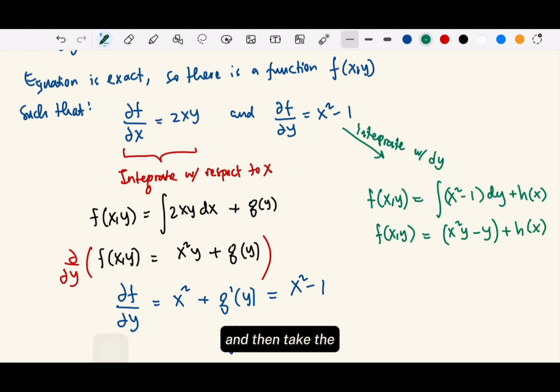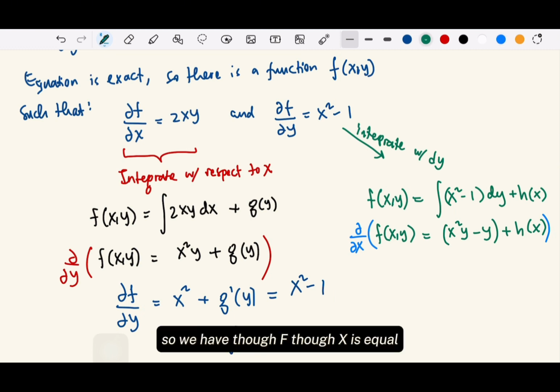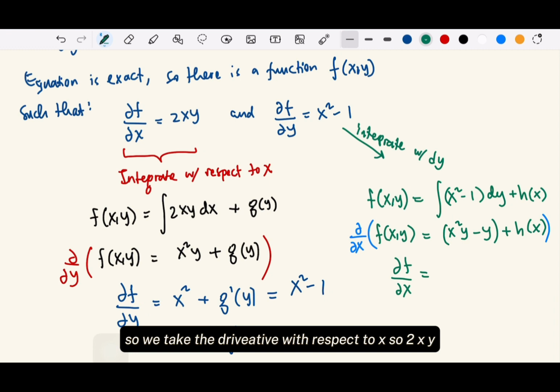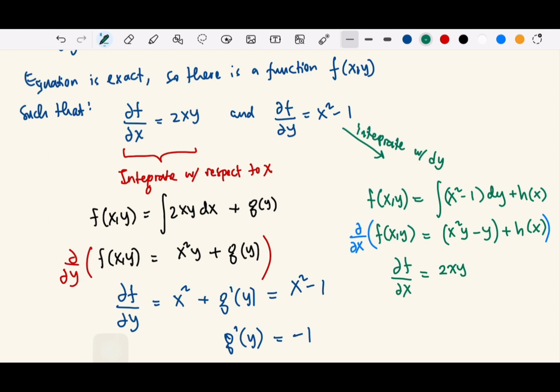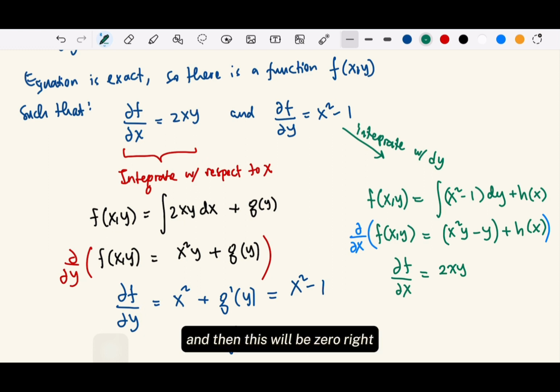And then take the partial x, okay? So we have ∂f/∂x, so we take the derivative with respect to x. So 2xy, and then this will be 0, right?